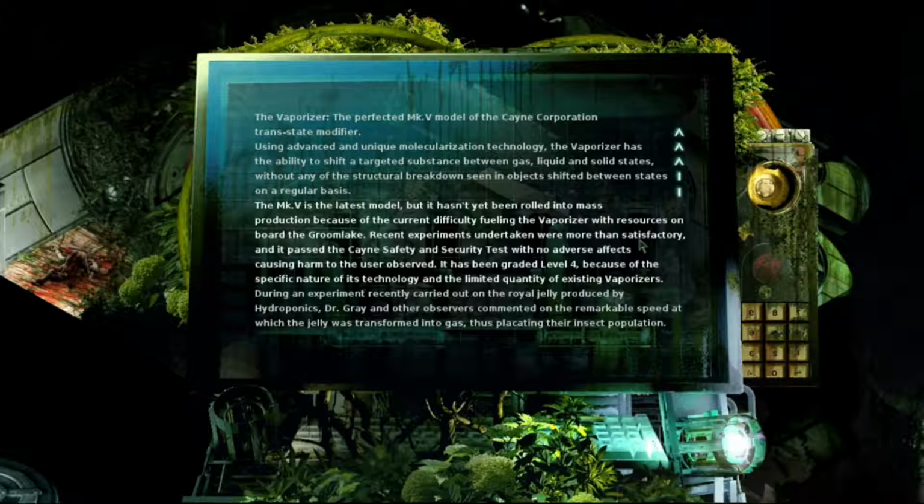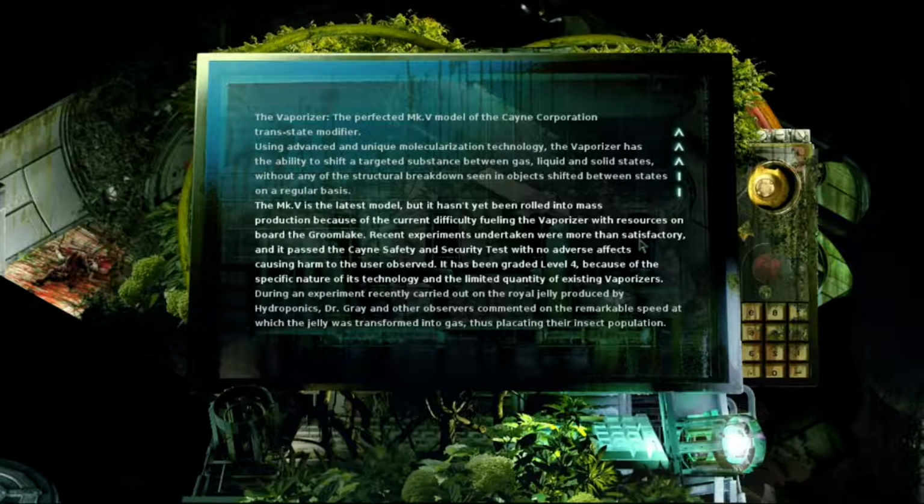It has been graded level 4 because of the specific nature of its technology and the limited quantity of existing vaporizers. During an experiment recently carried out by the Royal Jelly produced by hydroponics, Dr. Gray and other observers commented on the remarkable speed at which the jelly was transformed into gas, thus placating the insect population.